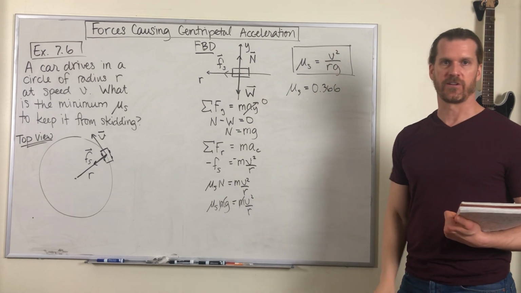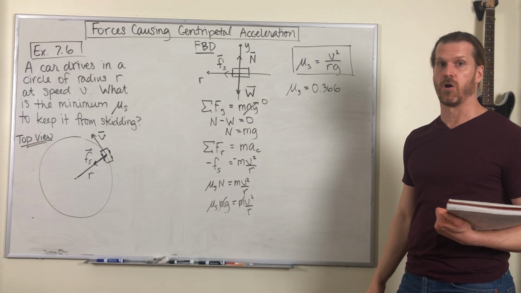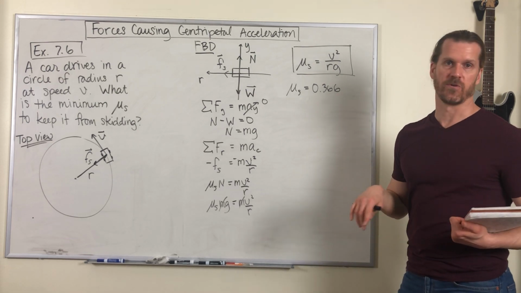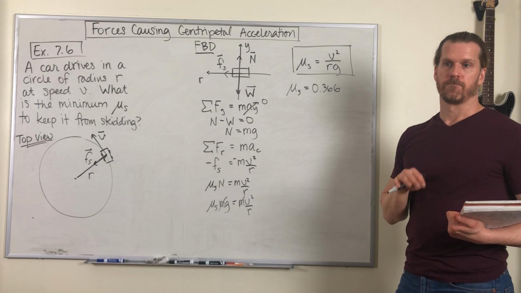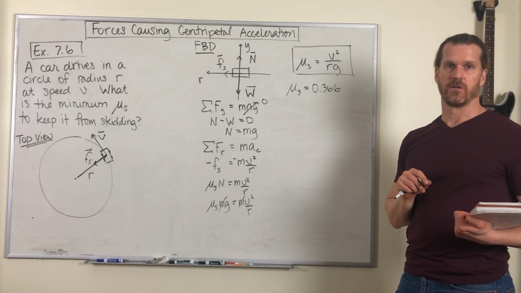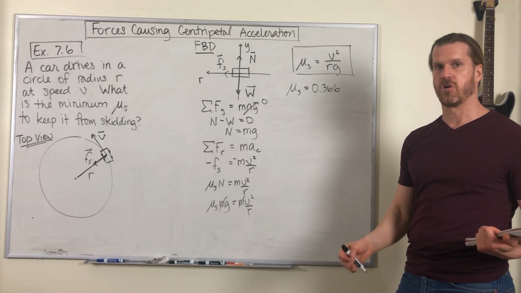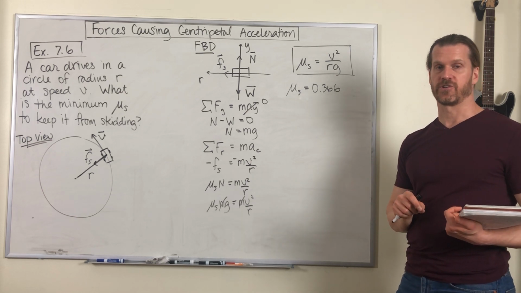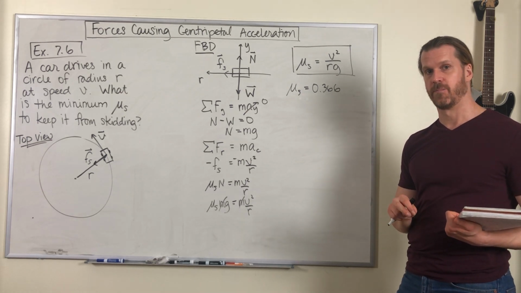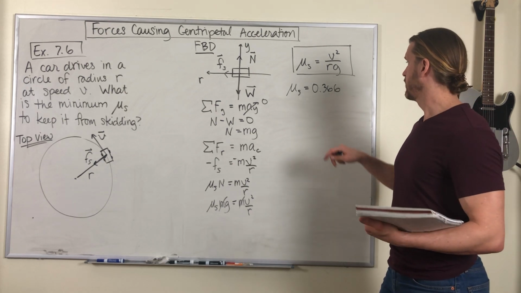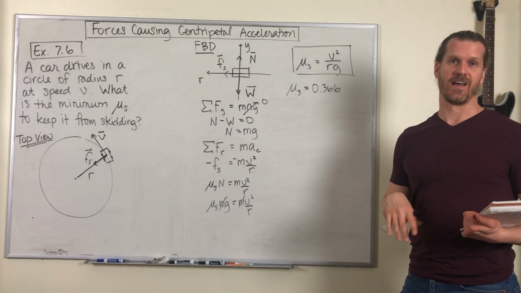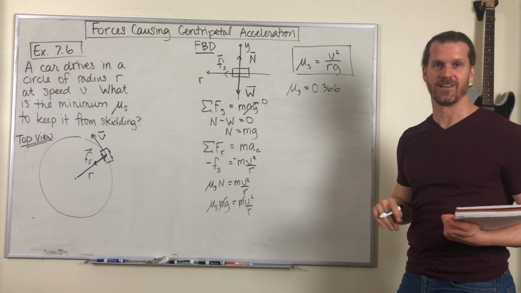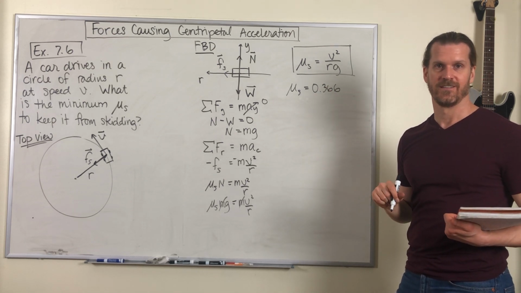That's just for the particular combination of v and r that the problem gives you. But what's interesting about this number is that typically for rubber tires on a concrete road, the coefficient of static friction can be as high as about 1. So this is significantly less than that, which means that we're safe to drive at this speed and on this radius without skidding.